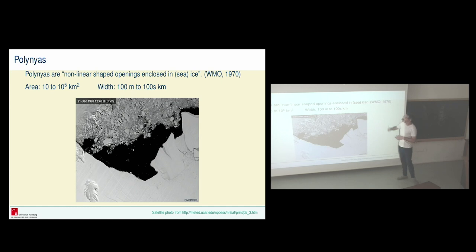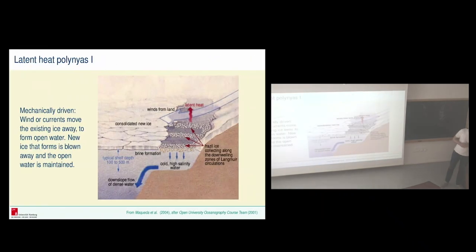Polynias are non-linear shaped openings enclosed in sea ice. So here's a picture. So we have some landfast ice, the Polynia, and then the pack ice. So Polynia is open water where you wouldn't expect open water. That's my definition. And there are two major types of Polynias.